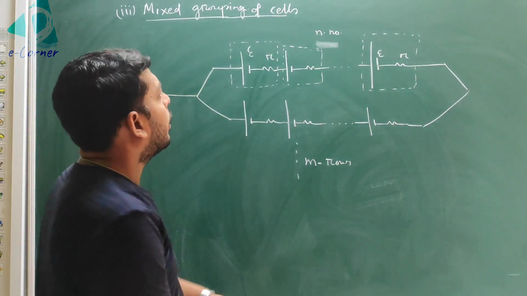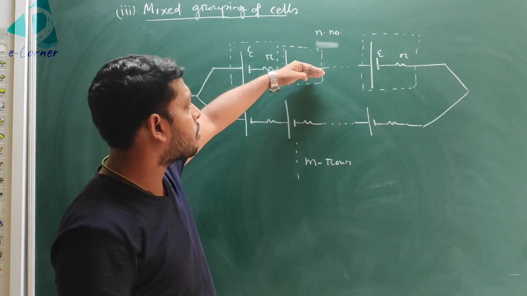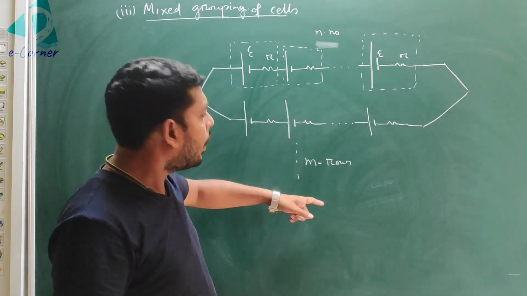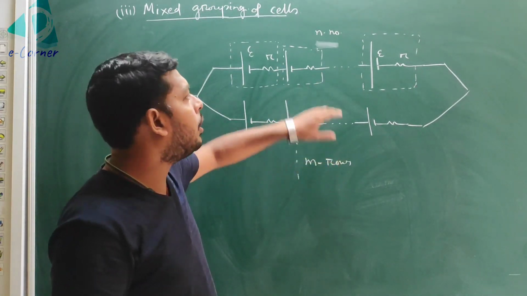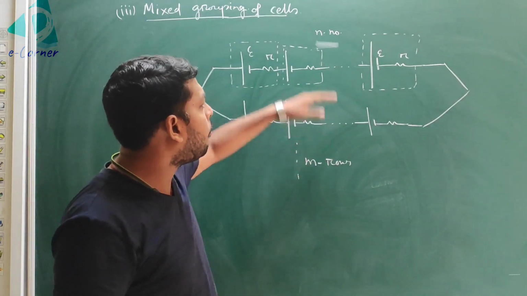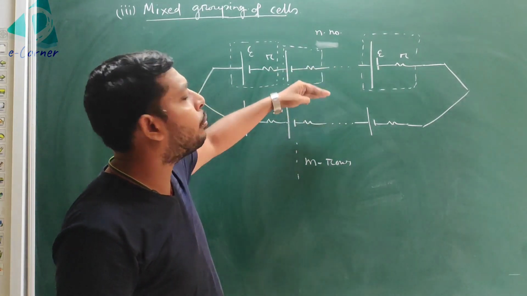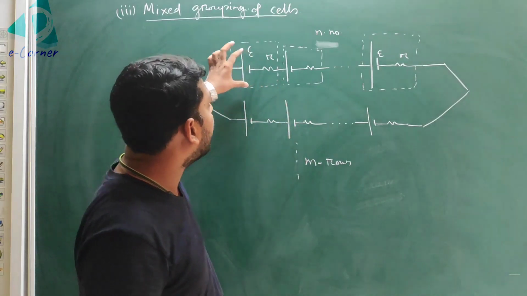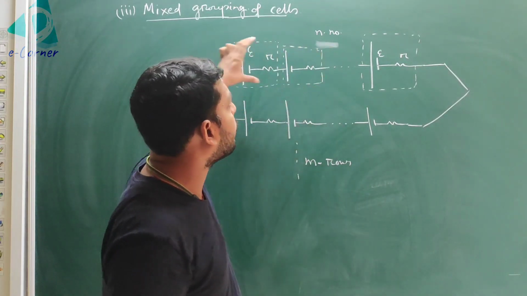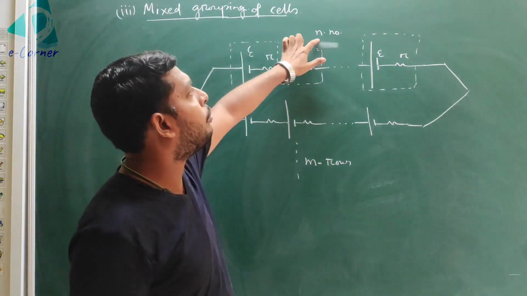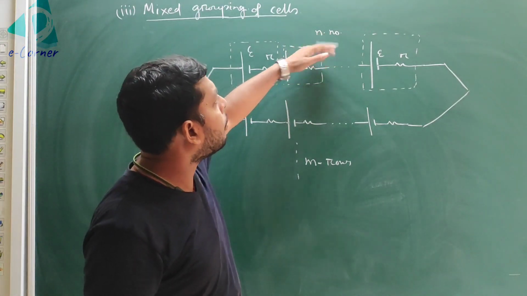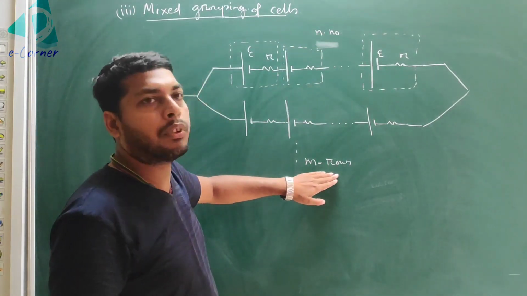That means n number of cells are connected in each of m rows. In one line there are n number of cells, and we are taking m such lines.